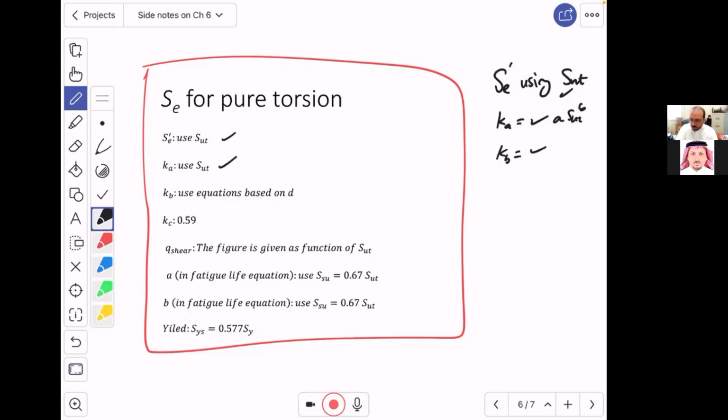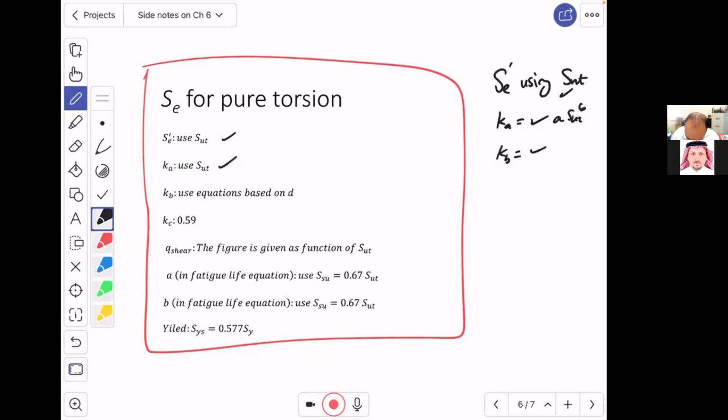That's it. You know the diameter and then you know the equation. Later, we told you that if you have either torsion or bending together, or with axial, whenever they exist, you can also find KB using the equations. No big deal about that.